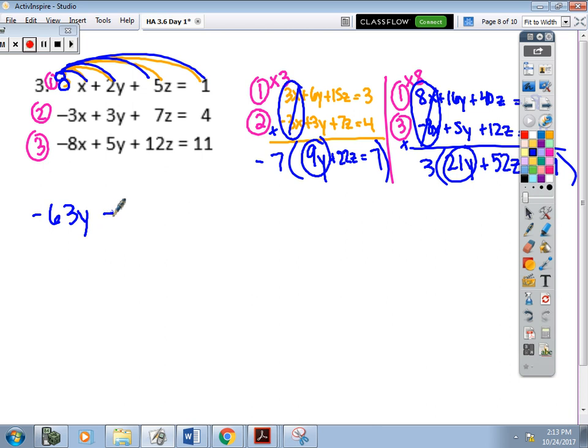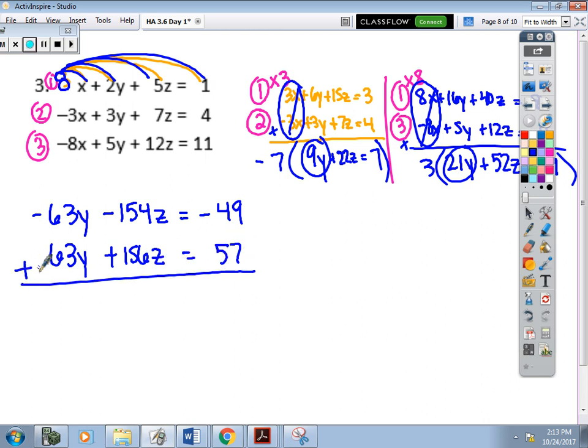And we are going to get some big numbers here. You could have done the negative on the other. It doesn't matter where the negative goes. Then distribute your 3 over there, and then we'll add downward.